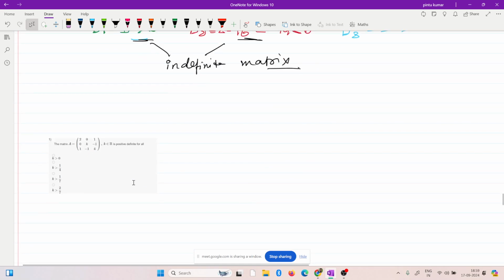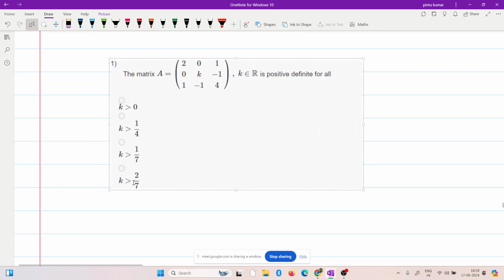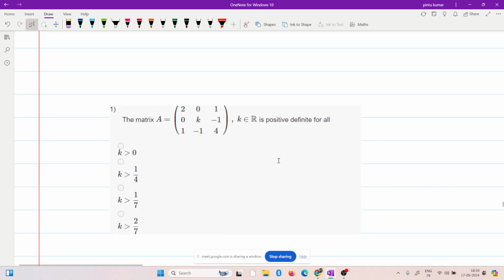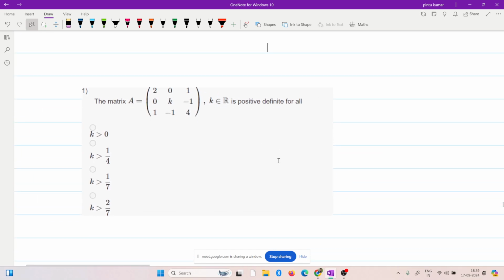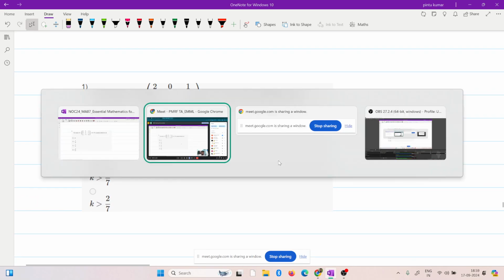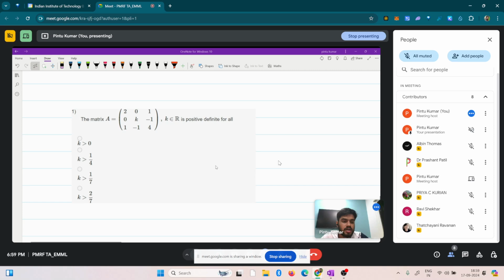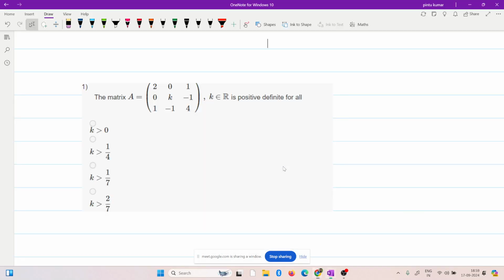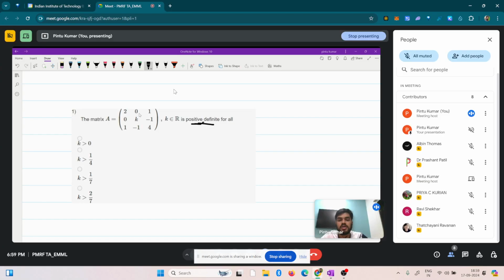This is an example I think from a previous year. It is related to positive definiteness. I request you to please attempt it, give 4 or 5 minutes to it, and then I can solve it for you. It is given that this matrix is positive definite, and you have to find the value of k. It might not be a single value, it can be a set of values, so that this matrix is positive definite.